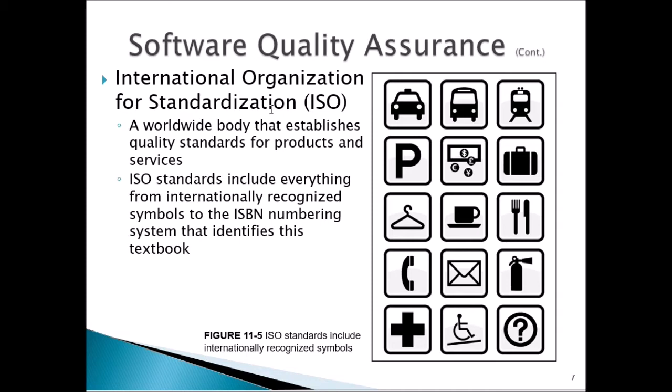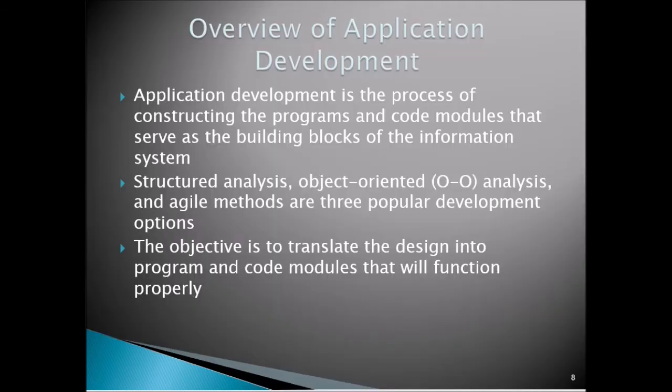So ISO is a worldwide body that establishes quality standards for products and services. ISO standards include everything from internationally recognized symbols to the ISBN numbering system. And I have the ISBN number for this textbook, which many of you might have Googled to purchase it.